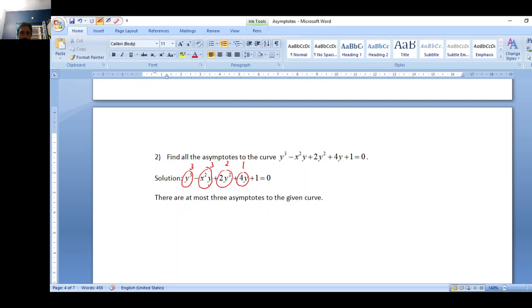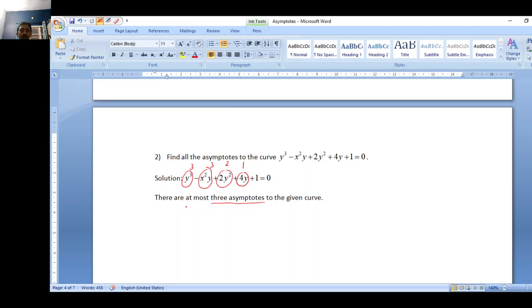It is this term or this term, and because both are of degree 3, I can claim that the equation is of highest degree 3, and accordingly there are at most 3 asymptotes to the given curve. Why is this important? It is because if we are able to find 3 asymptotes which are parallel to the coordinate axis, then there is no point finding any other oblique asymptote.